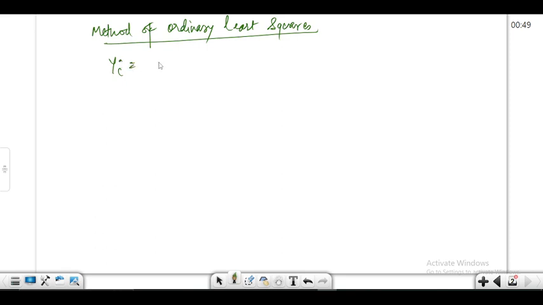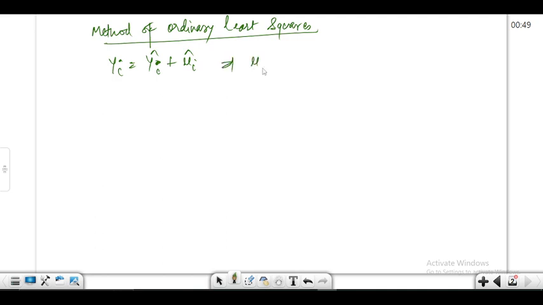So we have the method of ordinary least squares. As we know, we have to derive the SRF, and through that estimate the PRF. From our previous discussion, yi is equal to yi hat plus ui hat.